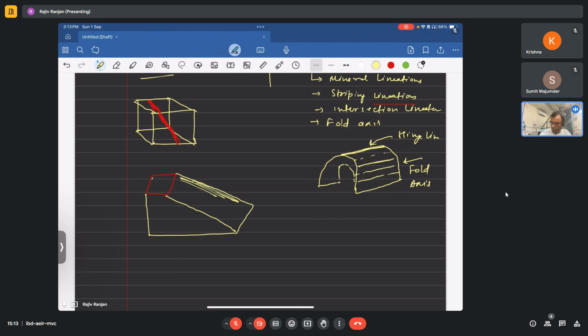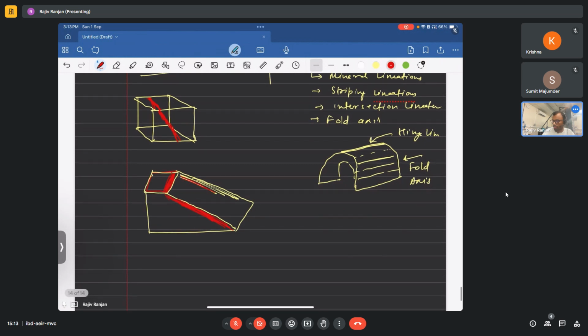To give a basic idea, suppose the red markings are the bed.